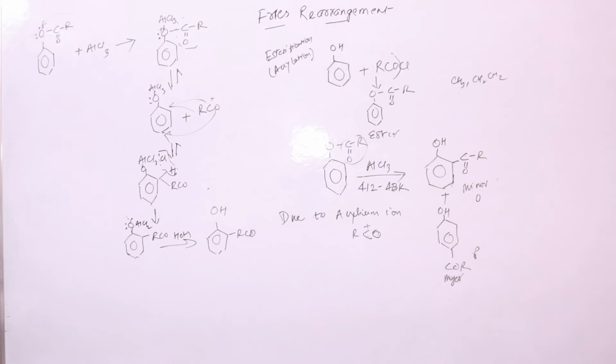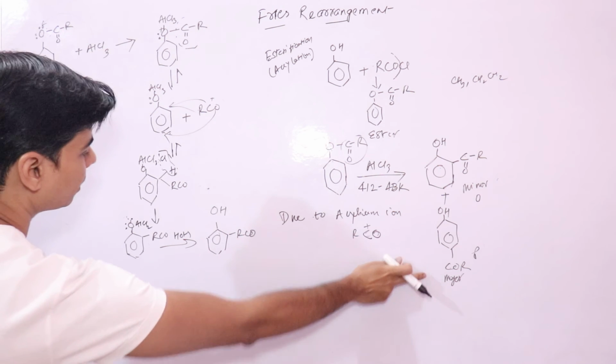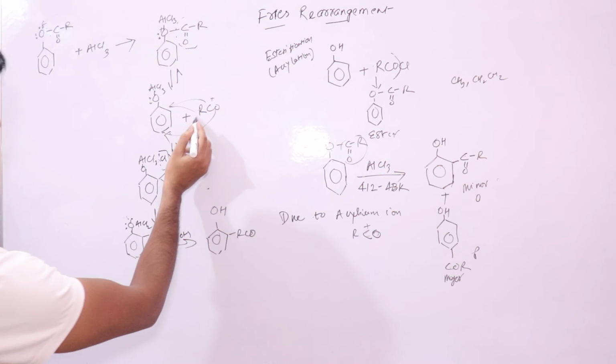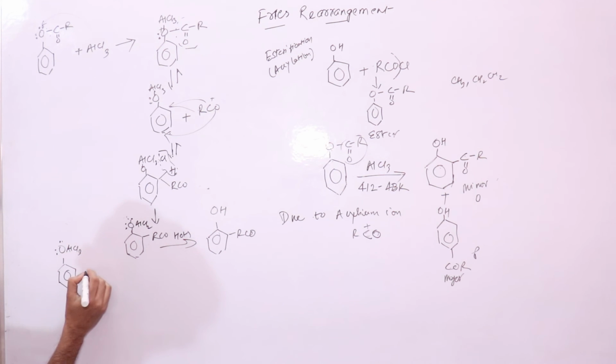Similarly, when this RCO attacks at the para position, you will get the para product. Now if you want the para product, let's see it from here. AlCl3, it will attack here, RCO.